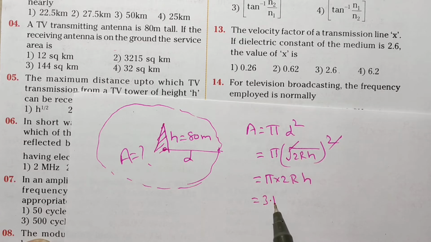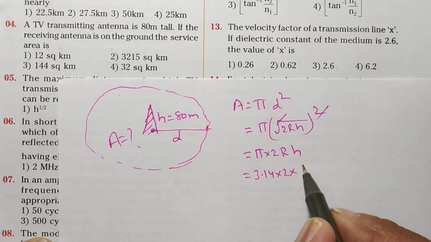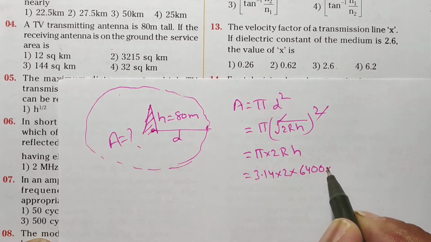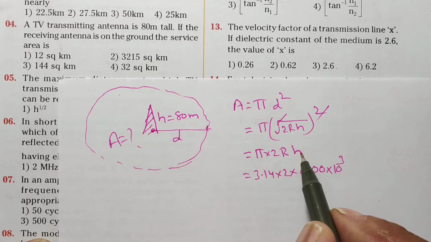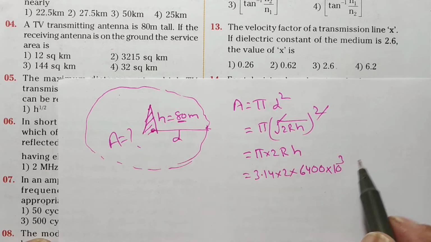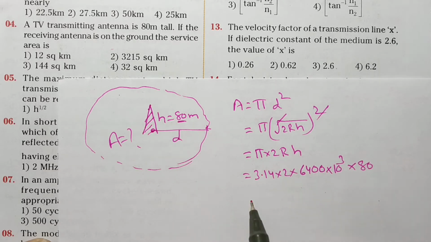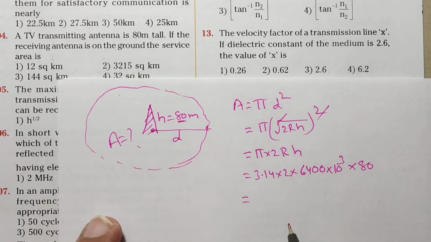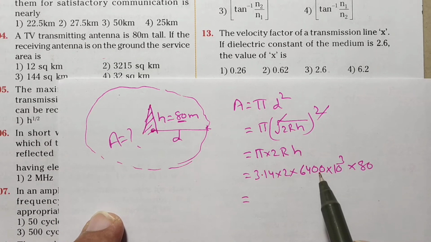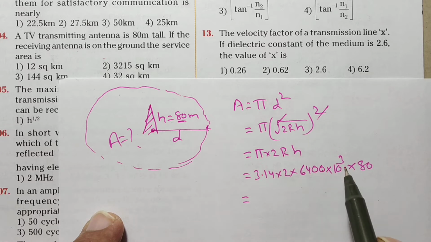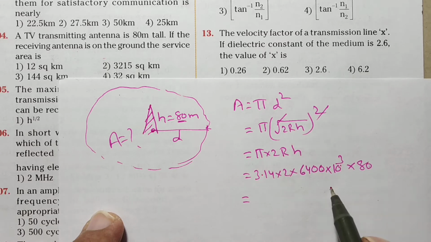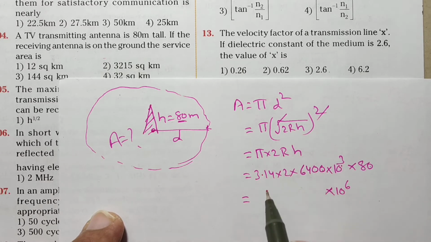Pi means 3.14, 2 into the radius of the earth. Radius of the earth means 6,400 kilometers, which is 10 to the power of 3, and the height they have given is 80. So if you do the multiplication, we take 10 to the power of 6 common.